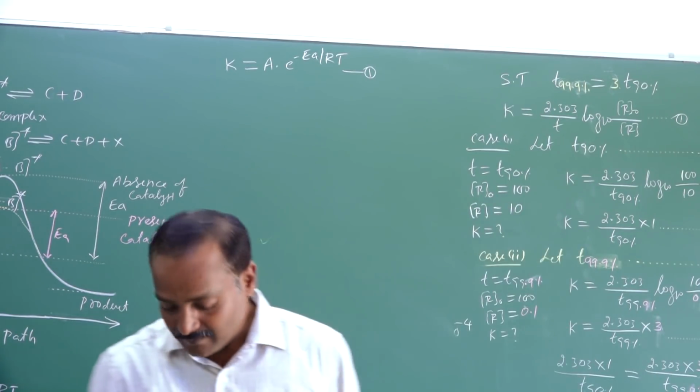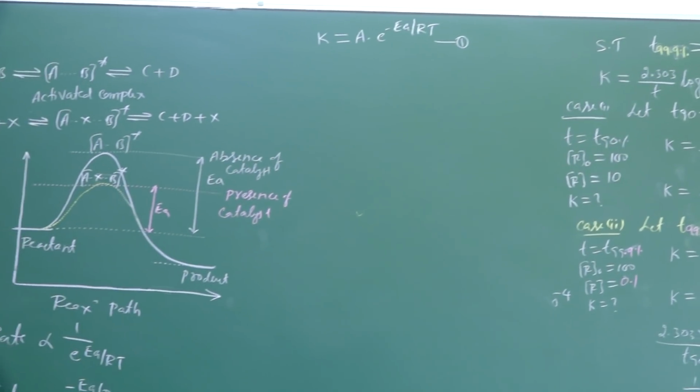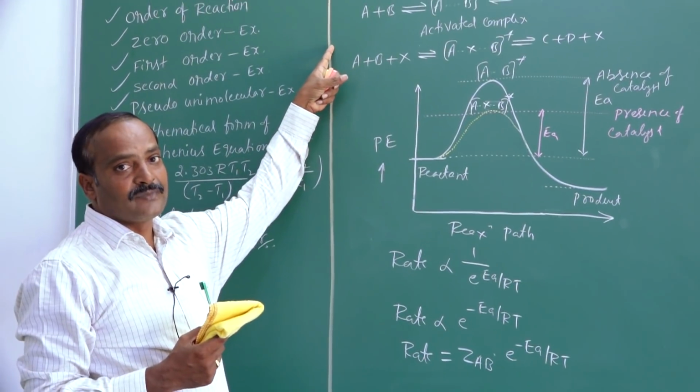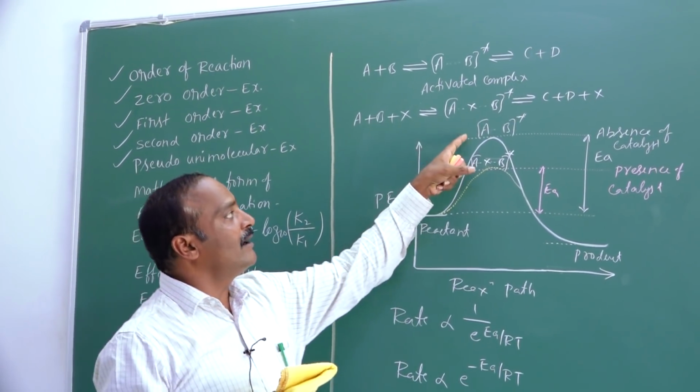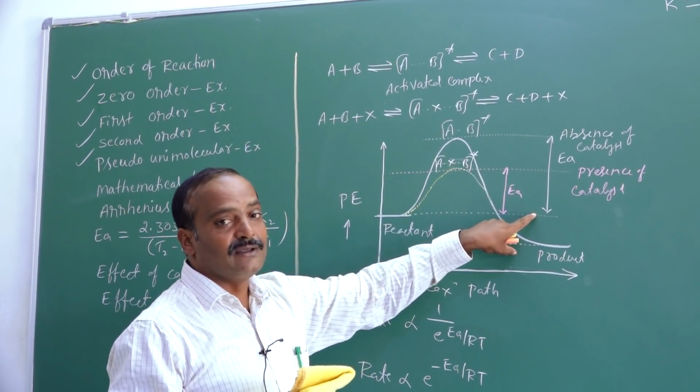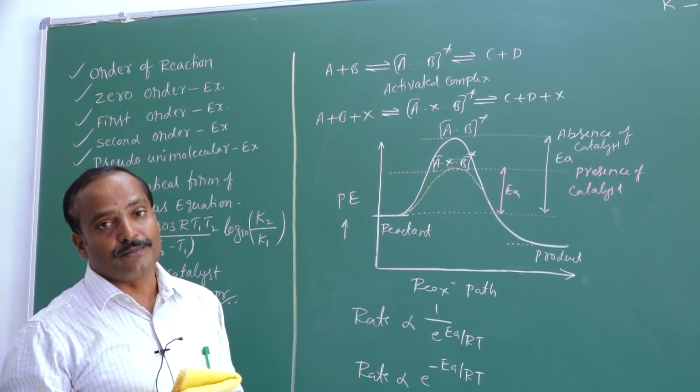Look here. Consider a reaction occurs in the absence of catalyst. The activated complex A...B star is obtained, which has a high activation energy, and the reaction occurs slow.